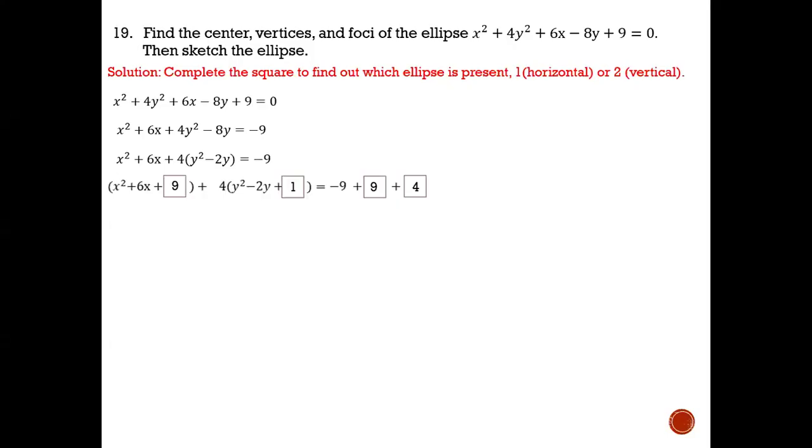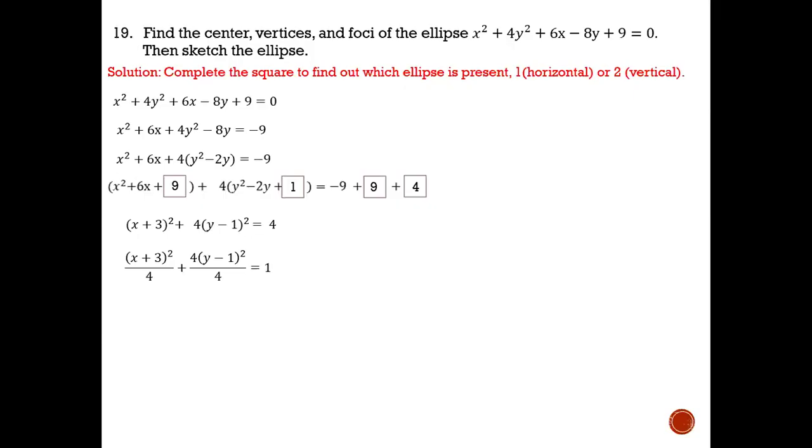So if I simplify this, I have (x plus 3) squared plus 4 times (y minus 1) squared is equal to 4. But again, for our standard form, it needs to be equal to 1. So I'm going to divide by 4 on both sides, and it gives me the correct form that they wanted: (x plus 3) squared over 4 plus (y minus 1) squared over 1 is equal to 1.